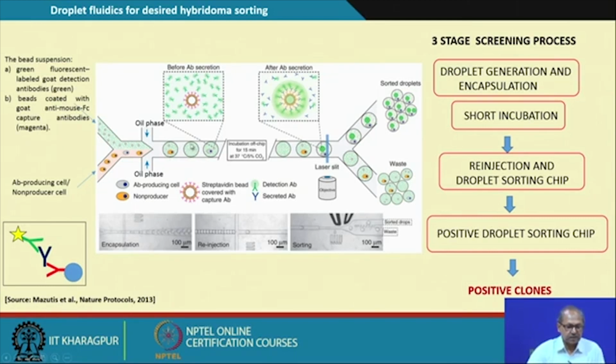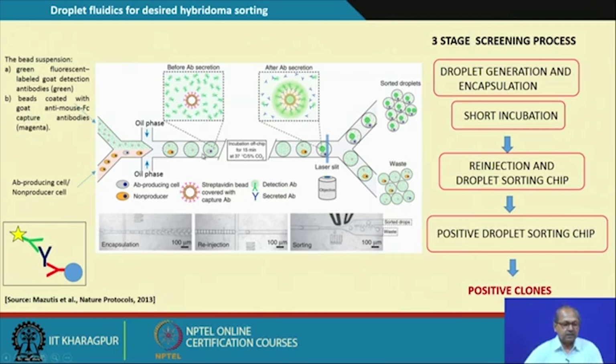One is only beads and some detecting antibody, one captures the antibody-secreting hybridoma cells, and another class will be non-secreting. Three classes of droplets will be there.